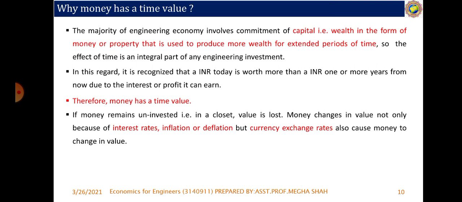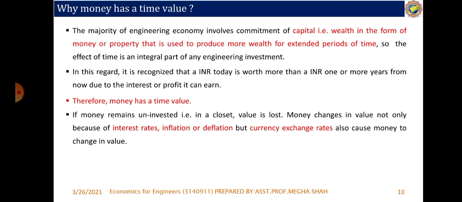Our next point is why money has time value. What does that mean? Money has a time value. It means whenever we have cash or money, it has a value at a particular time. Suppose I am purchasing one gold necklace.